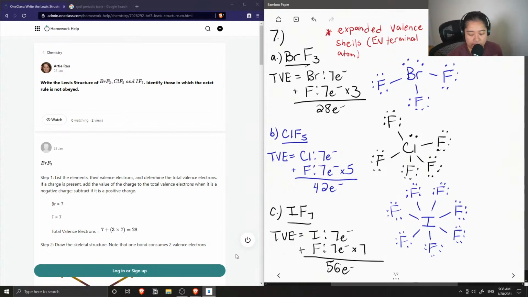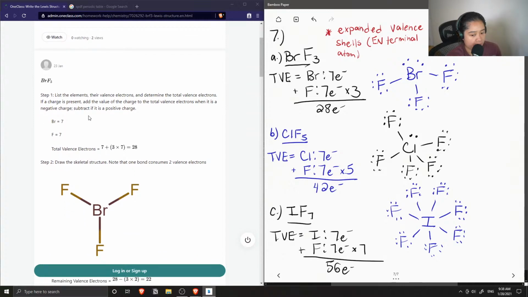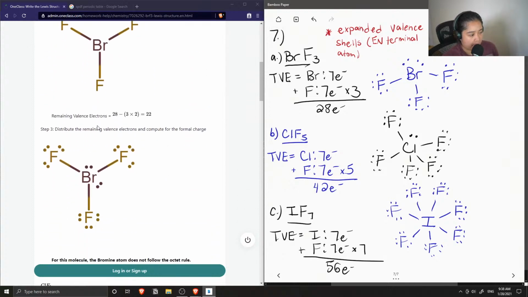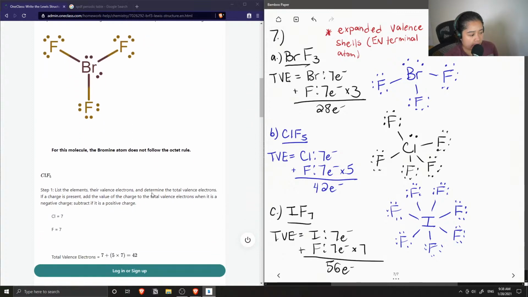So let's see what the junior tutor said. Step 1, list the elements, their valence electrons, and determine the total valence electrons. If a charge is present, add the value of the charge to the total valence electrons when it's negative, or subtract if it's positive. So for all our examples, they didn't contain any charges, so we didn't need to do that step. They got 28 for the first compound and had the same Lewis structure that does not follow the octet rule.